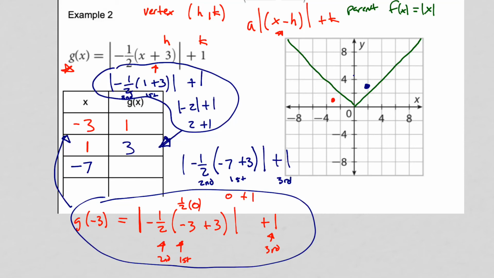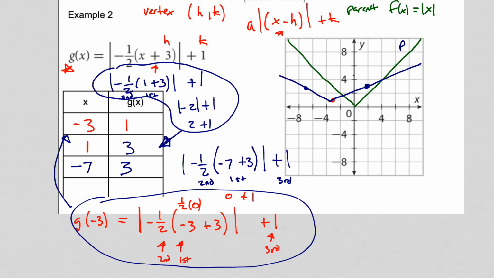So -7 plus 3 is -4. -4 times -1/2 would be +2, and you wind up with the same thing, 2 plus 1. So at -7, you'll get 3, and hopefully you notice a nice symmetry as well.